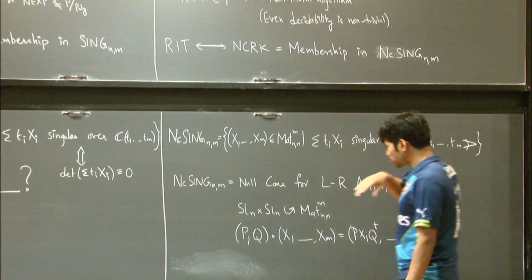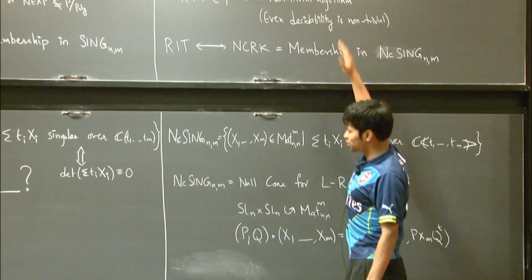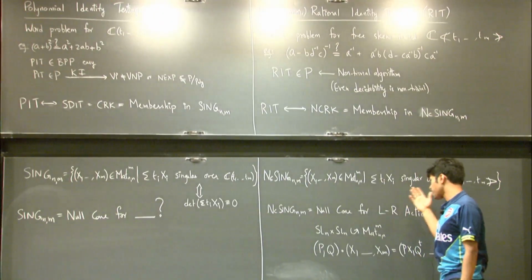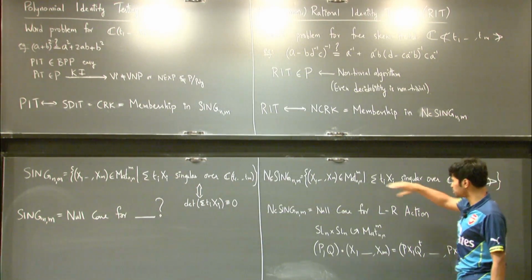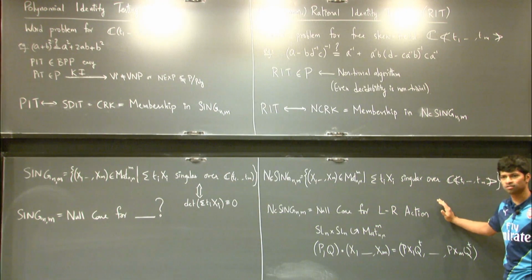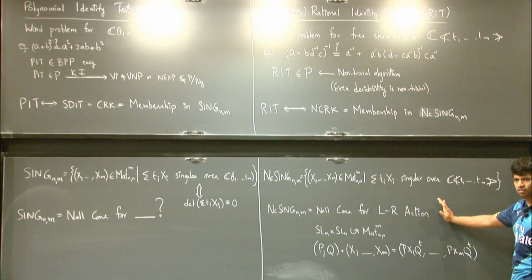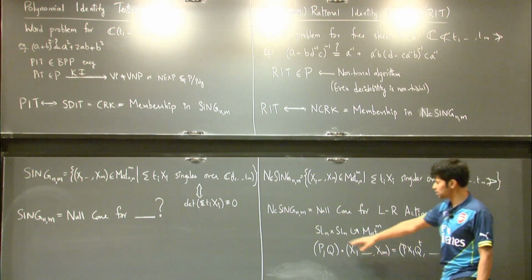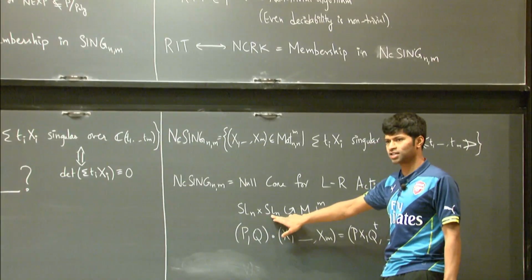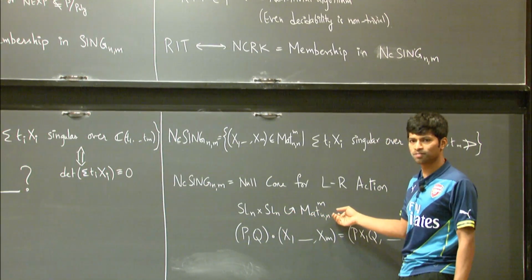Now, this algorithm that I didn't tell you about uses basically this particular feature, that this particular variety is the null cone for a particular action. And this action is called the left-right action, where the group is a product of SL_n and an SL_n, and the vector space is of course m tuples of n by n matrices.